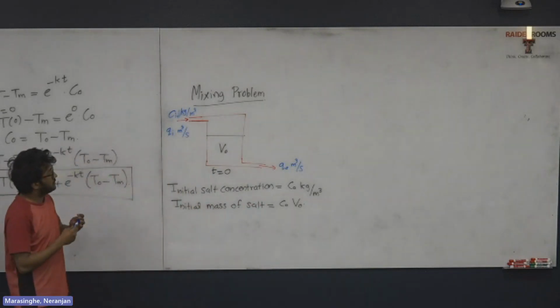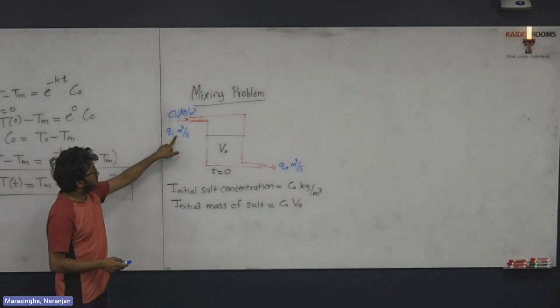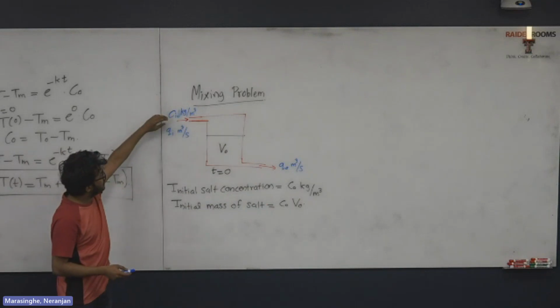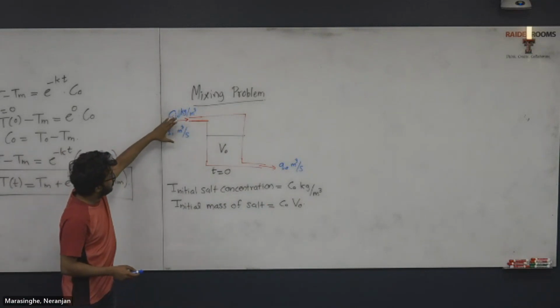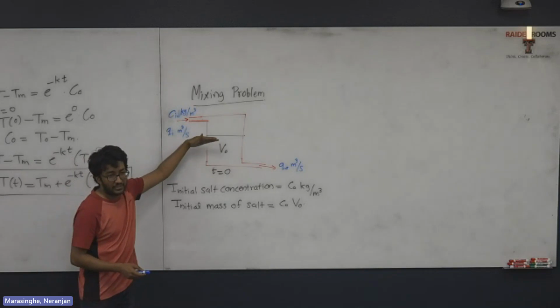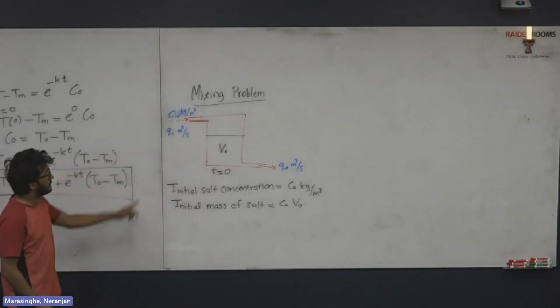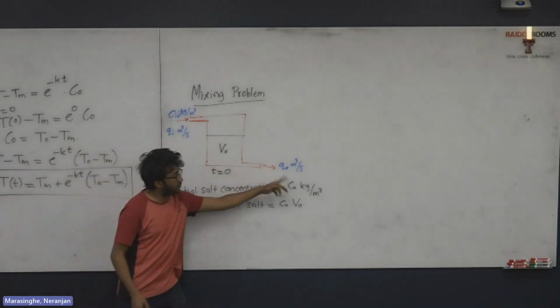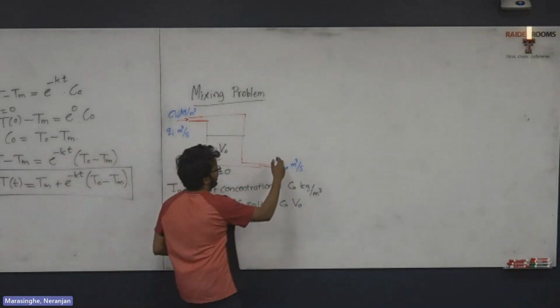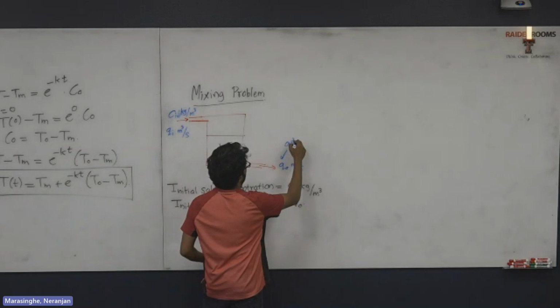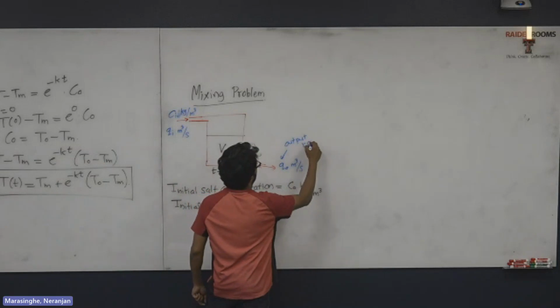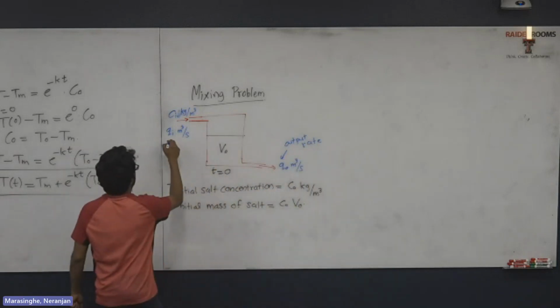That means QI cubic meters of this solution would enter this tank within a second. This is the input rate and this is the output rate.